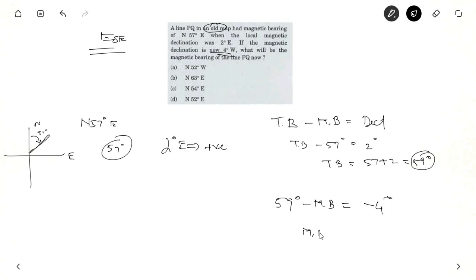So magnetic bearing will be 59 plus 4 equal to 63 degree in WCB terms. So 63 lies within 90 only. So in reduced bearing terms also it will be north 63 degree east. So the answer is option B. I hope you guys are clear with magnetic declination now.